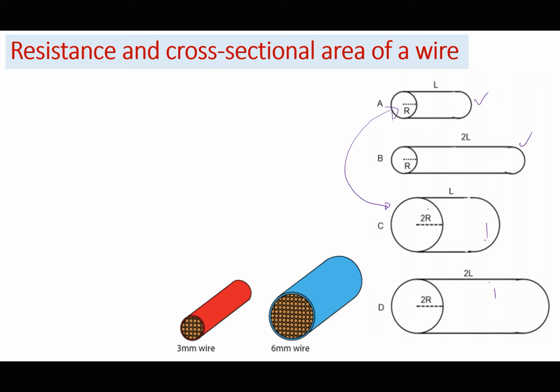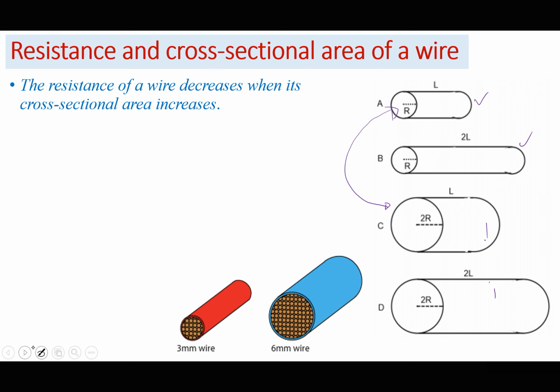What does that mean? It simply means that the resistance of a wire decreases when its cross-sectional area is increased. The same way it is easier for you to go through a class which has 40 chairs when the class is widened. Widening is the same as increasing the cross-sectional area. So if the cross-sectional area is increased, it is easier to go through. Being easier to go through means the resistance is decreased.